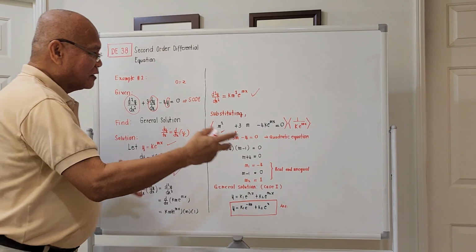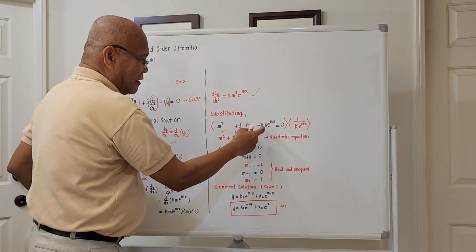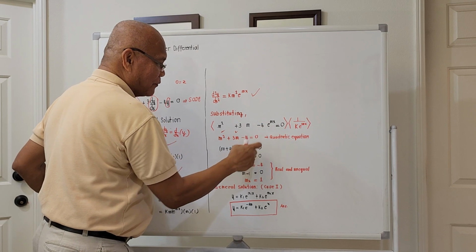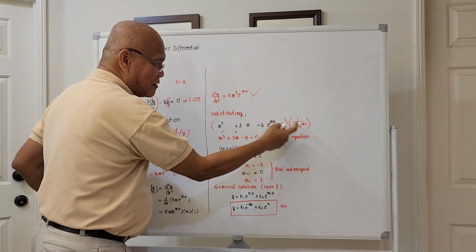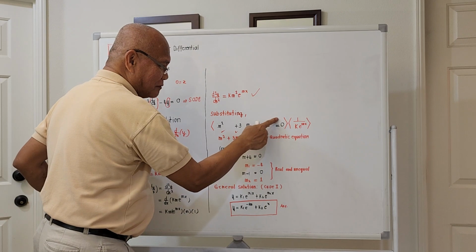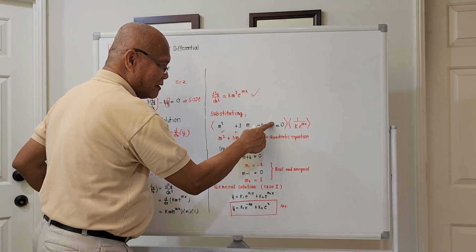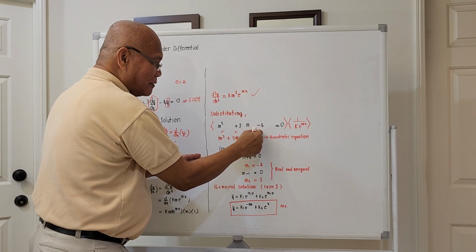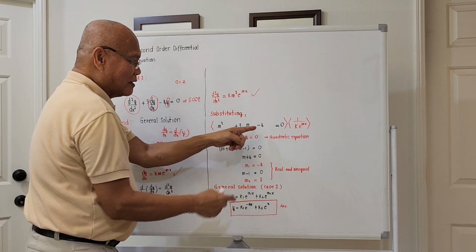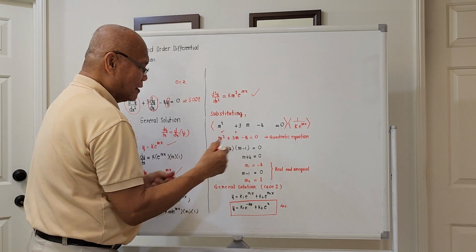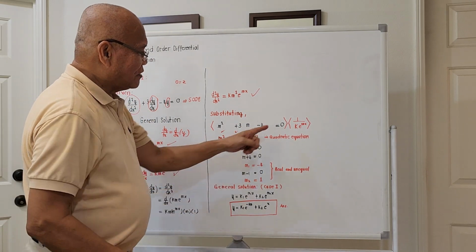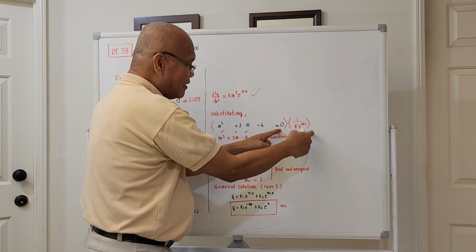For the third term, the k cancels with this, and e to the mx cancels out, so after the expansion the third term on the left hand side will be simply minus 4. And the right hand side is 0 times 1 over this.